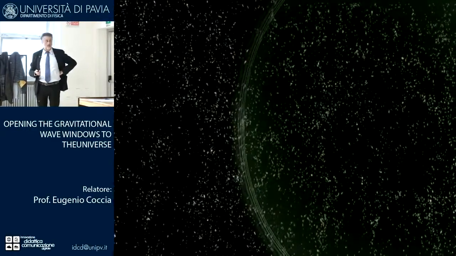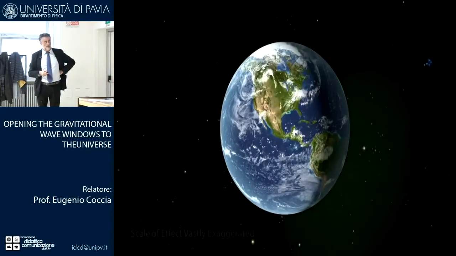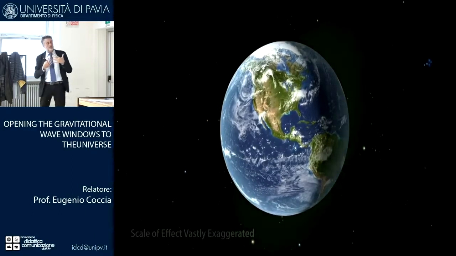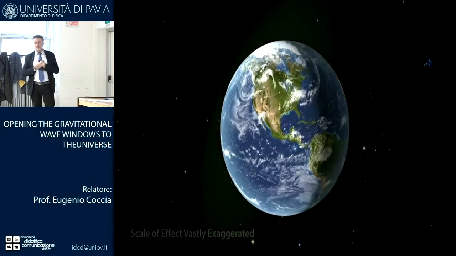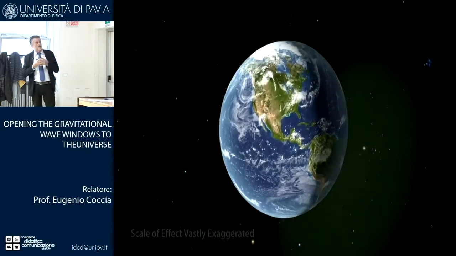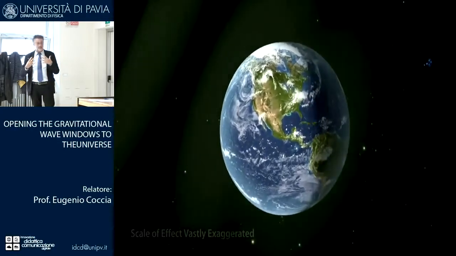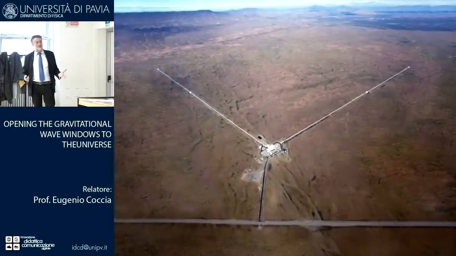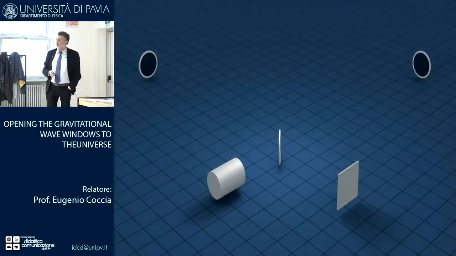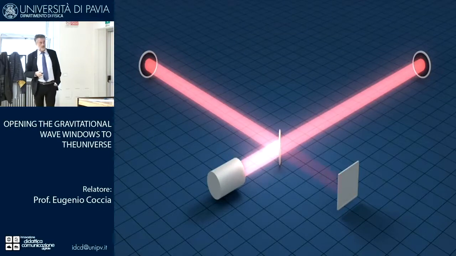This is the distance, arriving on the Earth on September 14. Also, the Earth reacted to the gravitational waves. Now, what you see here is very exaggerated, per fortuna, but this is to show that the Earth reacted to the gravitational waves. This time, on the Earth, there were detectors sensitive enough to detect gravitational waves.